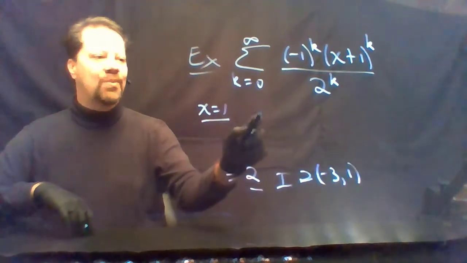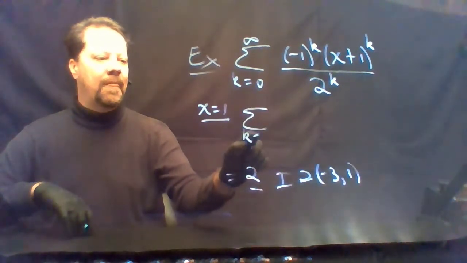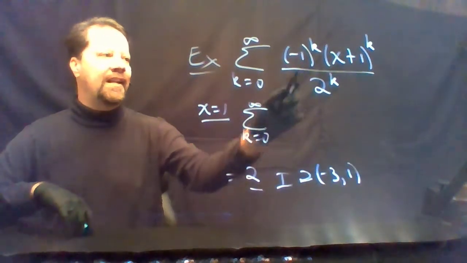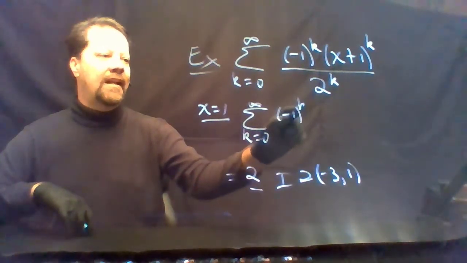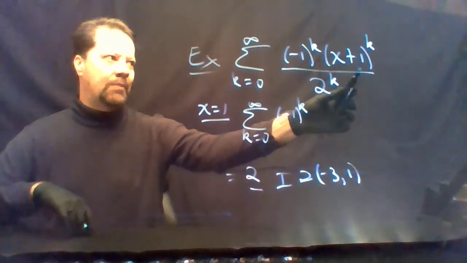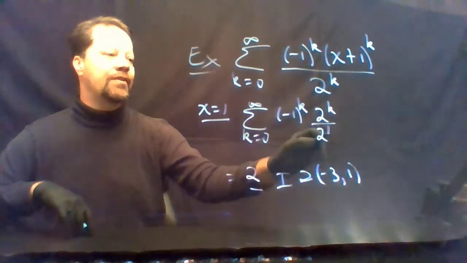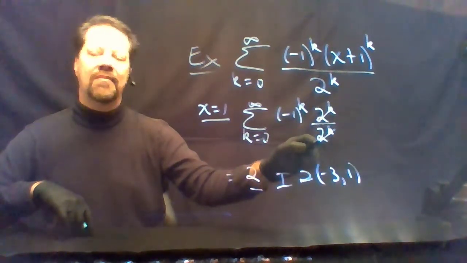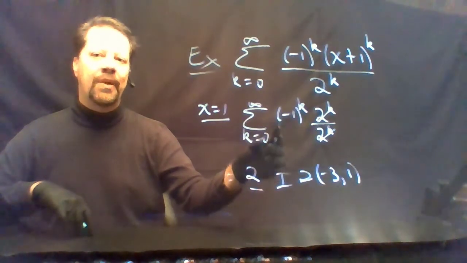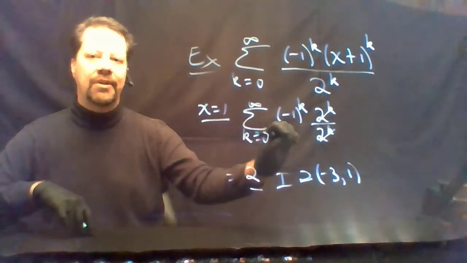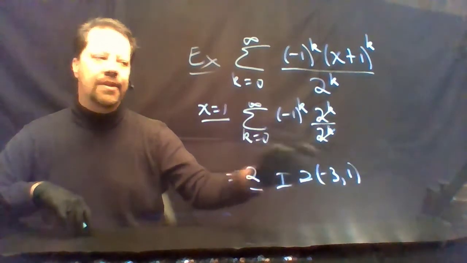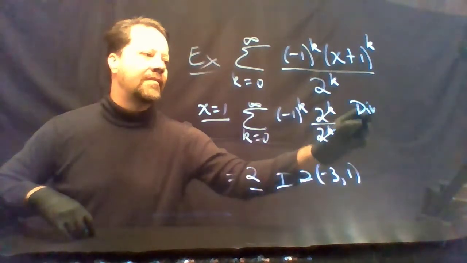At x equals 1, we have the sum as k goes from 0 to infinity of -1 to the k, (1 plus 1) which is 2 to the power of k over 2 to the power of k. While we do end up with an alternating series, the terms don't go to 0. So this diverges by the divergence test.